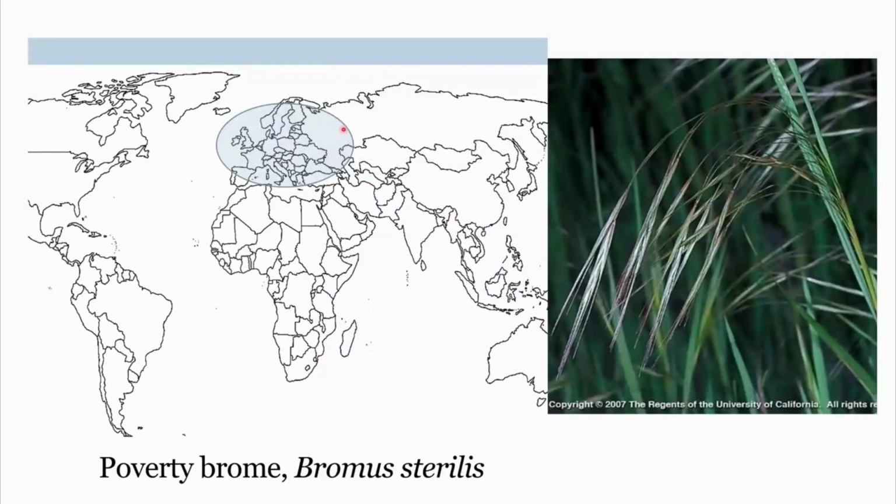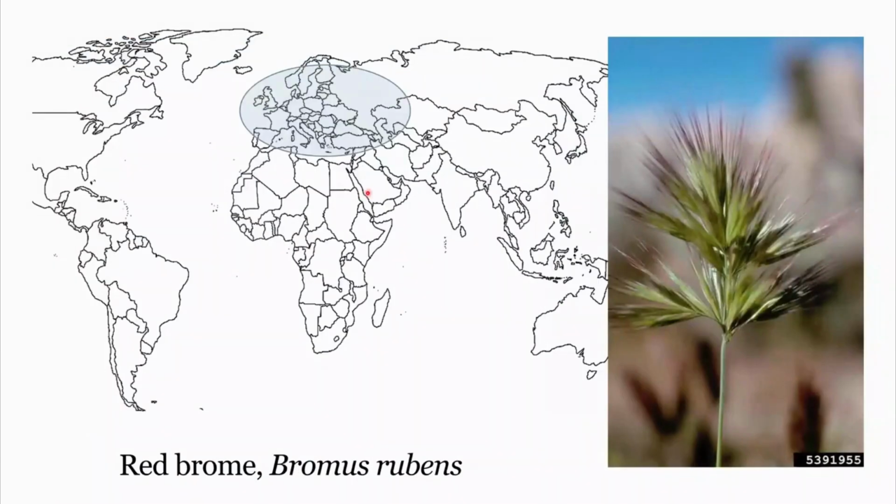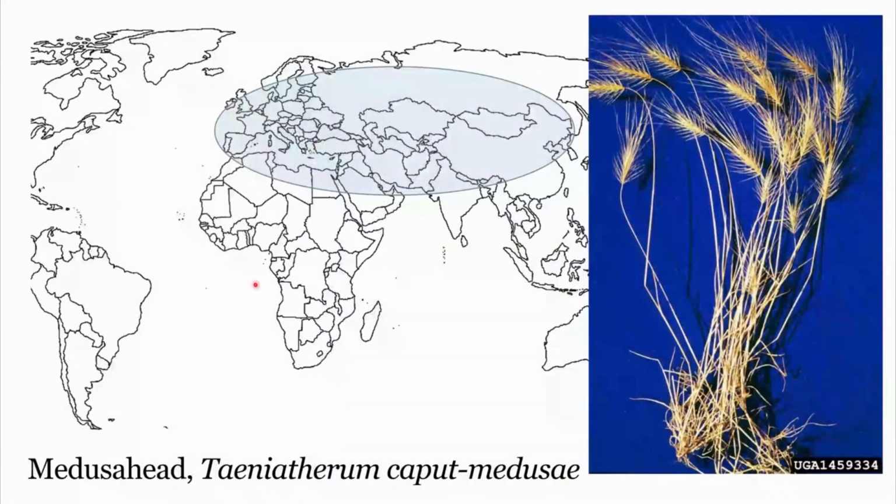And then poverty brome, Bromus sterilis, much more defined range, much more of just a Mediterranean climate. Red brome, again, a little bit more restricted in its range. Medusahead, these are all our favorites, and that spans a very wide range of habitats.